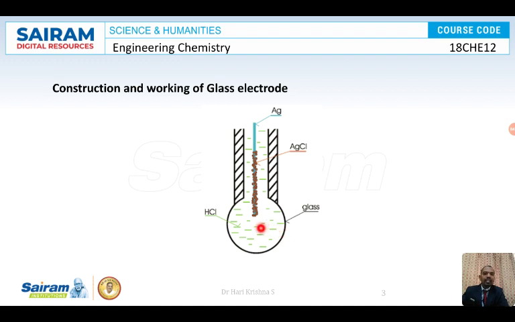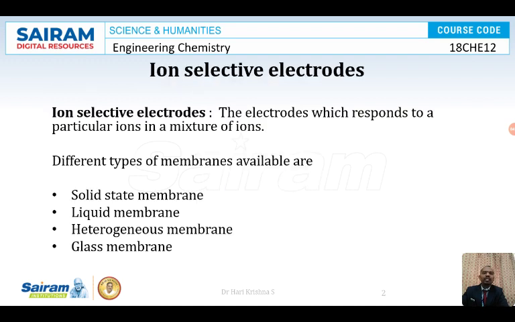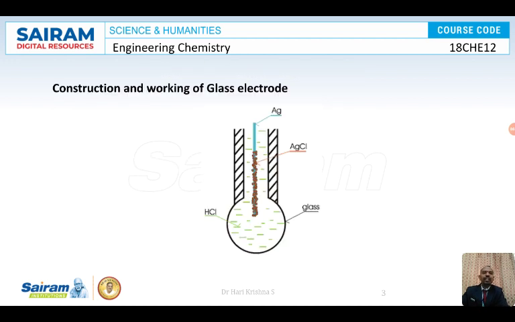Inside it we take H+ ions of known concentration, usually 1 molar HCl, along with the internal silver chloride reference electrode. This entire glass bulb is kept in a solution of H+ ions of unknown concentration. This gives us the glass electrode.